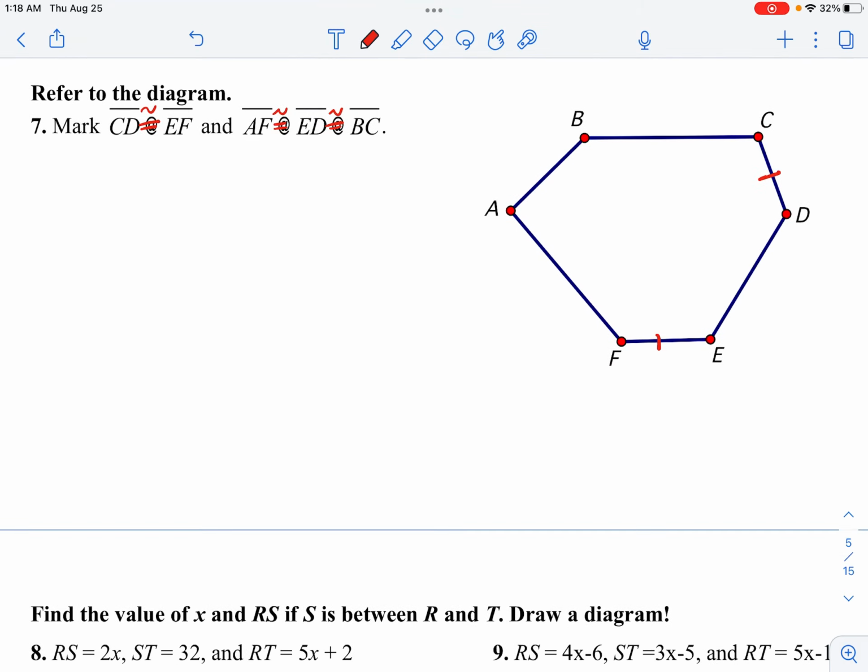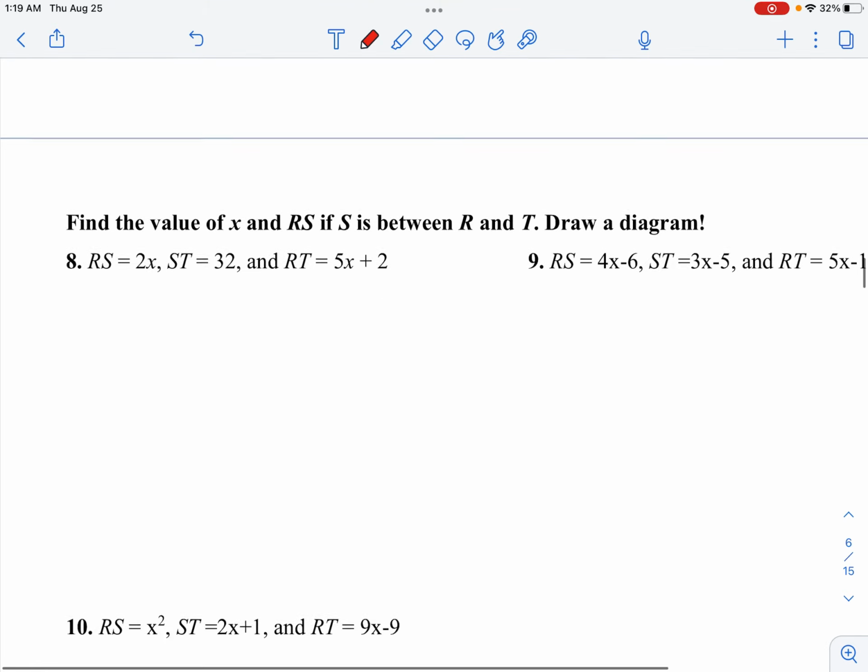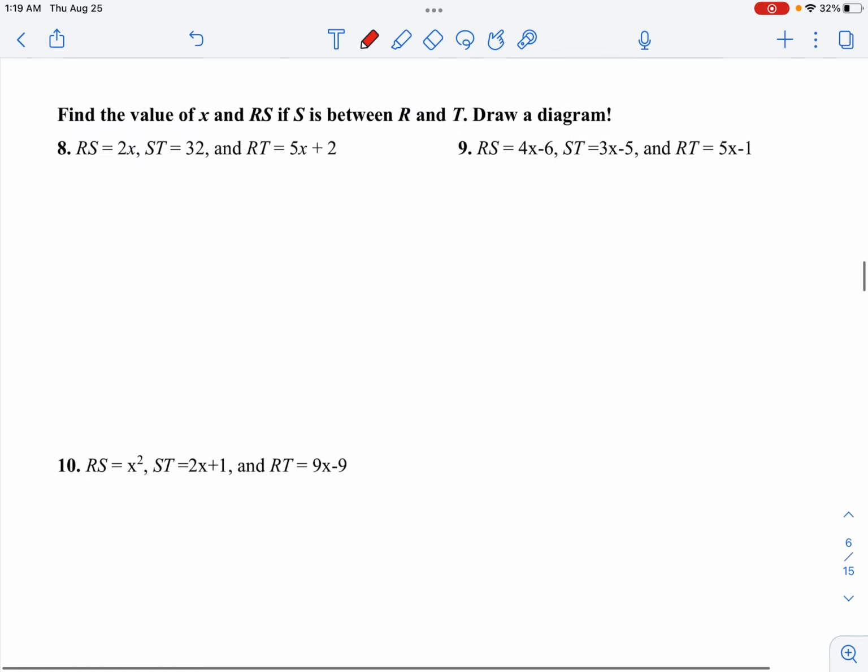Notice I use 1 tick marker. AF is congruent to, I'm going to use 2 tick markers now, ED, which is also congruent to BC. Okay, and that's what it's asking for. Now, we don't have one for AB, and that's perfectly fine because it does not show it.